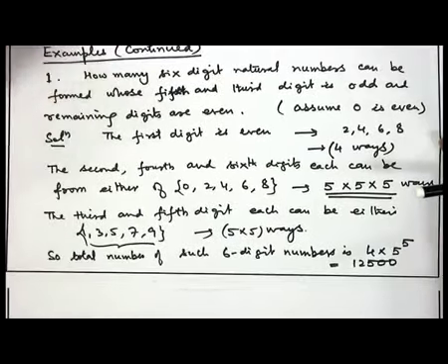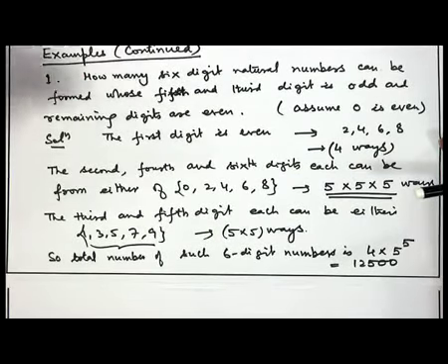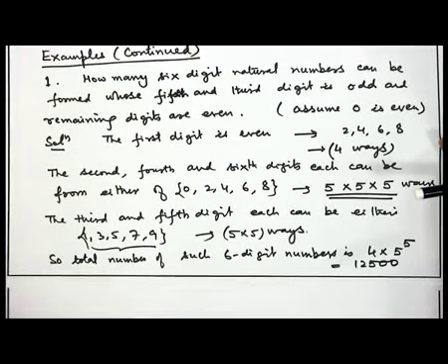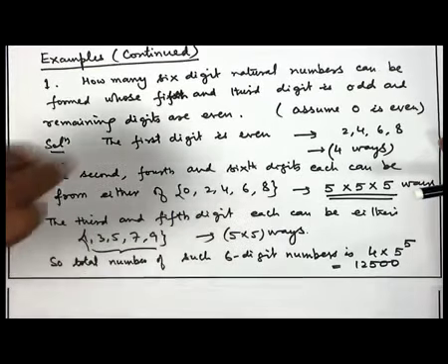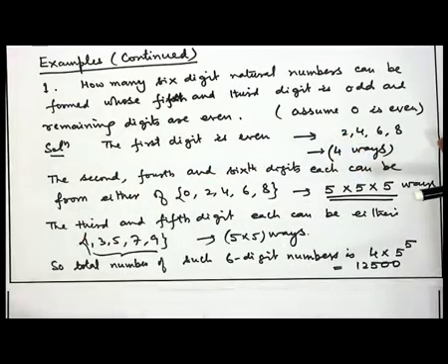Let me just review the problem. There are 6 digits, and we wanted to choose this six-digit number in a particular fashion. We said that the third and fifth digits are odd and the remaining digits are even. In order to choose the first digit, we have to choose out of 2, 4, 6 and 8, so the number of ways is 4.